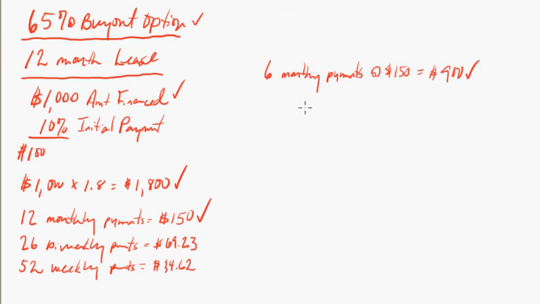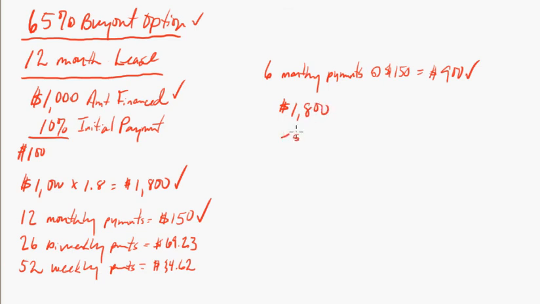At this point, the customer decides they want to pay off their merchandise early and own the merchandise outright. All they'll have to do is call Progressive and request a buyout amount. Progressive will then look at the full lease term, which in this example is $1,800.